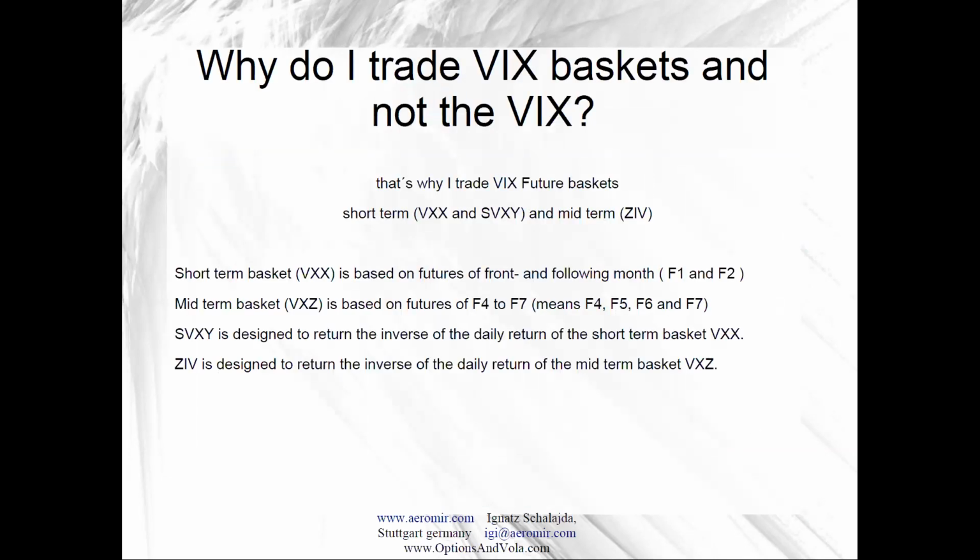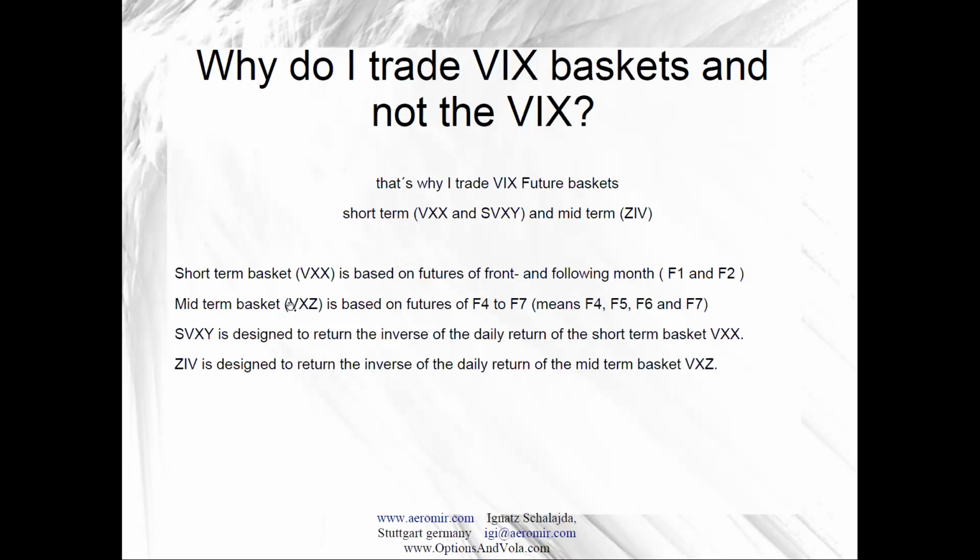So that's why I trade VIX future baskets, and there are short-term baskets like VXX and SVXY, and midterm baskets like the ZIV. Z always means it's a midterm product. The short-term basket VXX is based on futures of front and following month, called F1 and F2, the future 1 and future 2.